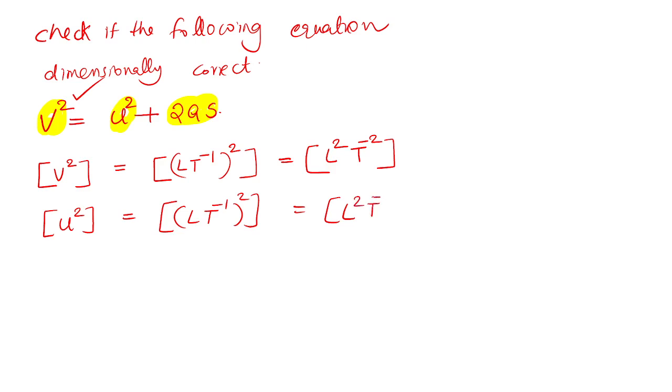L square T raised to minus 2. Now 2AS: 2 does not have any dimension. A is acceleration, L T raised to minus 2. S is displacement, L.